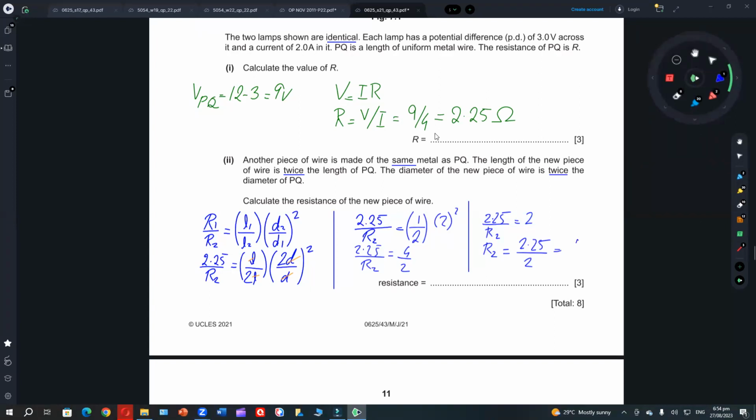Hamad, what are you getting? 1.125. Are you solving or not? Yeah. Good.